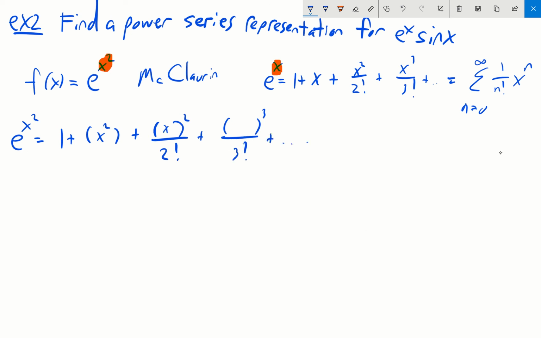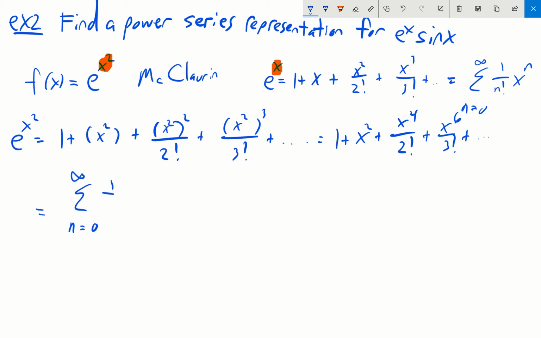Everywhere we see an x, we're simply substituting it with x squared, and this would produce 1 plus x squared plus x to the 4th over 2 factorial plus x to the 6th over 3 factorial dot dot dot, which we can also write in closed form by doing the same thing. Let's make a substitution into our summation notation here.